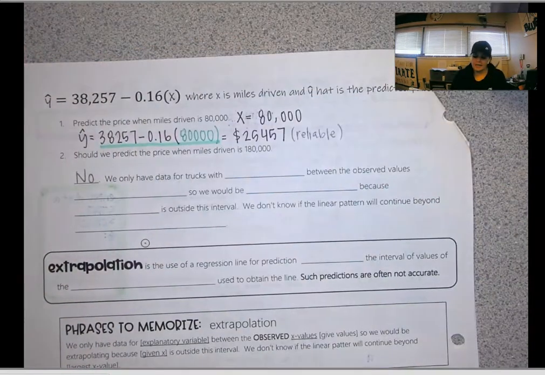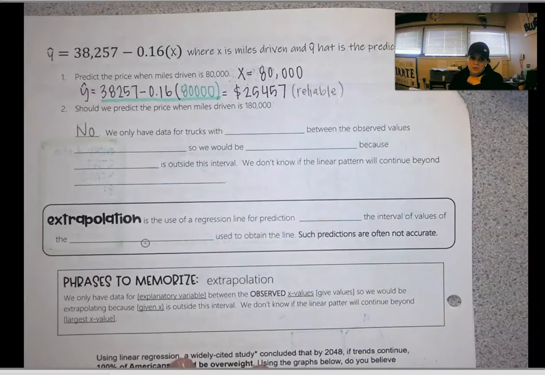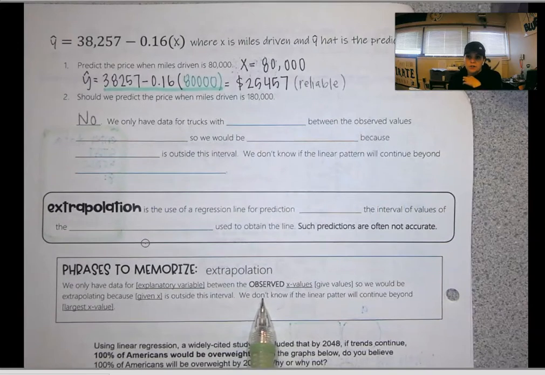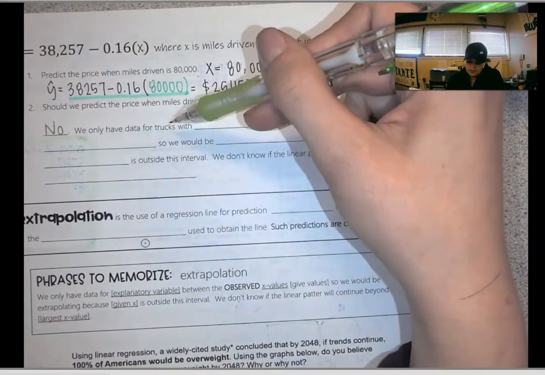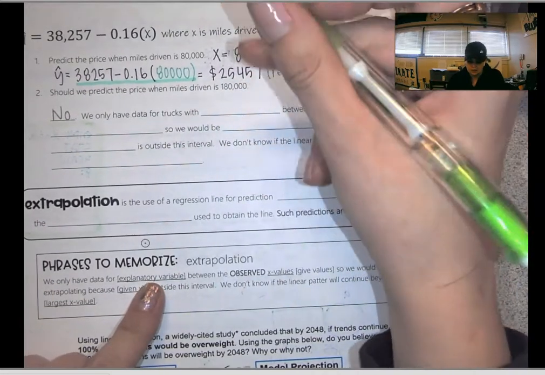And once again, we're at a sentence or a phrase to memorize, and that is down here. You're going to want to follow this template for your answers. So, no, we only have data for trucks with, okay, down here it tells me I have to write my explanatory variable there.